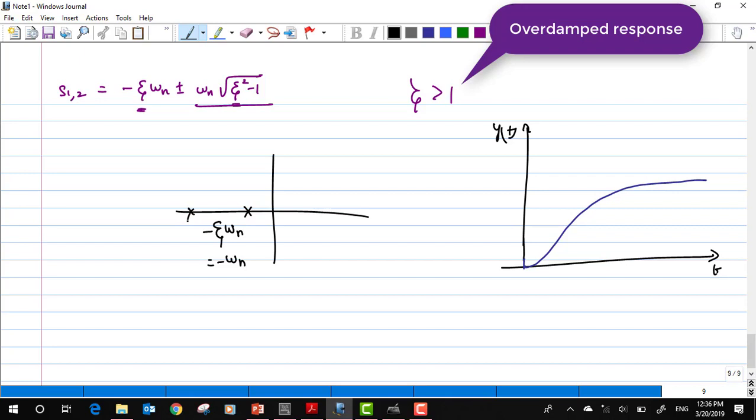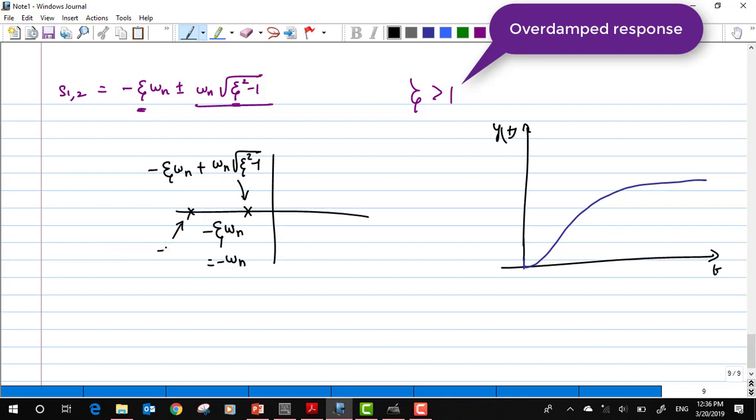Both the poles are real, there is no imaginary part. And how do I define this pole location? What is the value of that? Minus zeta omega n. Should I put a plus symbol for this or a minus symbol? Plus, yeah. So plus omega n times the square root of zeta square minus 1, and for this the only thing is that there is a negative sign that I need to substitute here, because it is more negative.